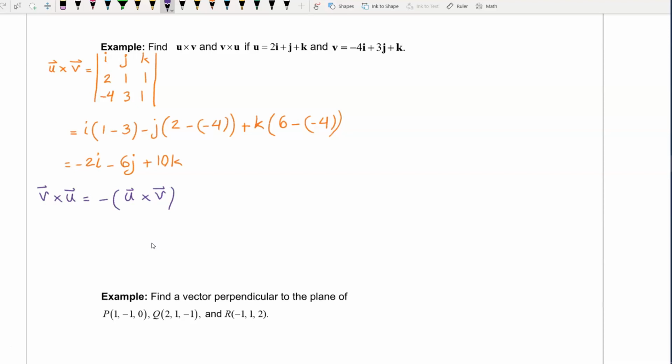And this is equal to negative times negative 2i minus 6j plus 10k. So here we have 2i plus 6j minus 10k.